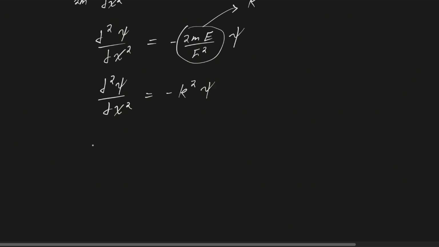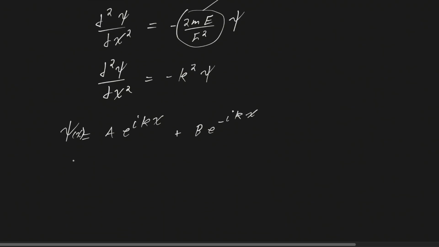And this is a well-known equation, as we said before, and the solution, this time I would like to write as a sum of complex exponentials: A exponential ikx plus B exponential minus ikx. We can check that this wave function is actually a solution by calculating its second derivative.